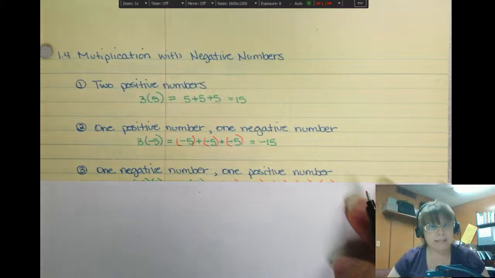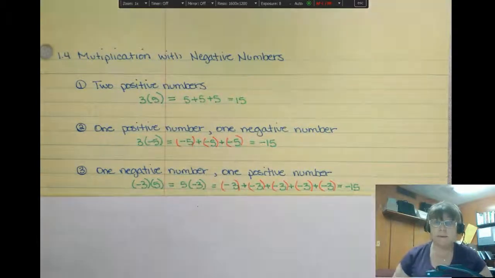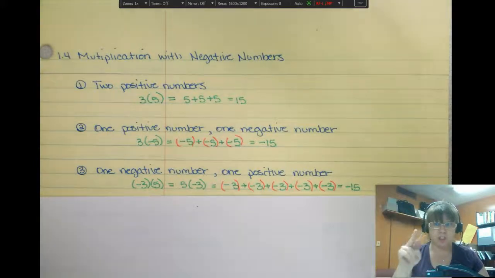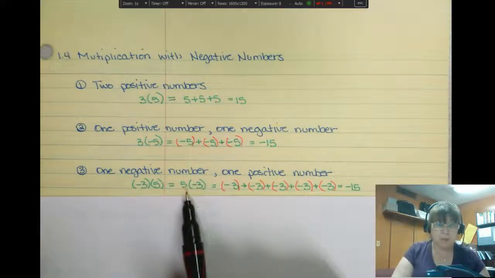What if we have one negative number and one positive number? For example, negative 3 times 5. For multiplication, we have our commutative property, which means I can change the order and it doesn't change anything. So I can rewrite the negative times a positive as a positive times a negative.